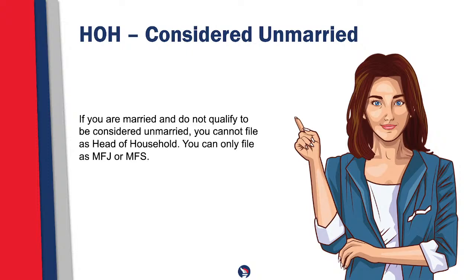On paper, he meets all the requirements to be filing head of household considered unmarried. Except that the IRS looked at the other person's tax return and saw the address. And the address was different, but it was still in the same block.